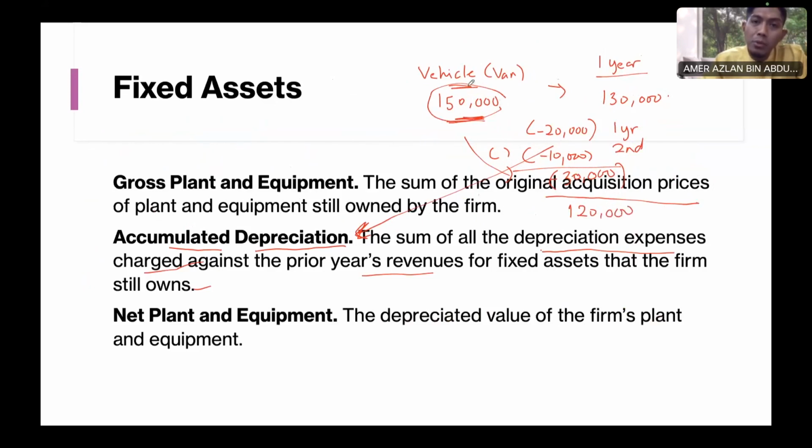So when the original price of the vehicle is minus the accumulated depreciation, this is what we call the net value of the vehicle, which is the depreciated value of the firm's plant and equipment.